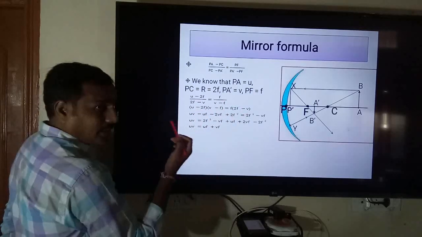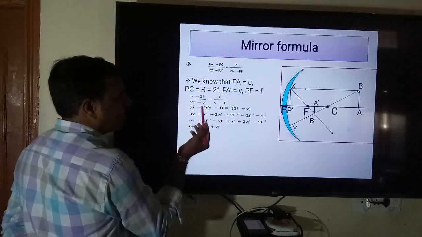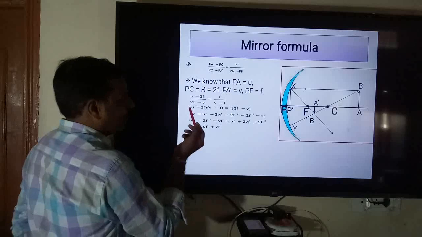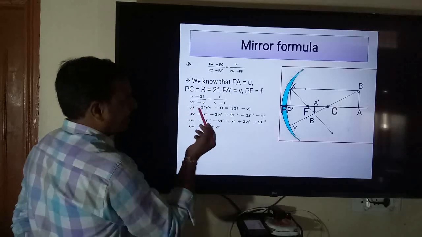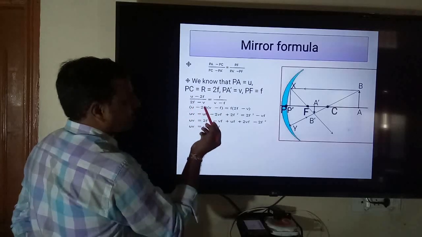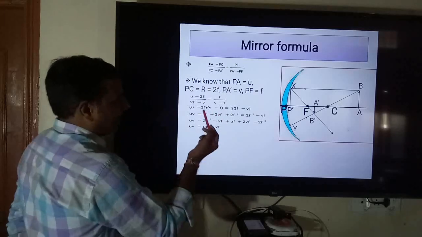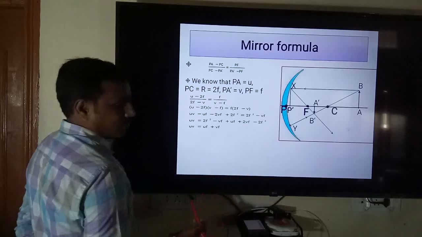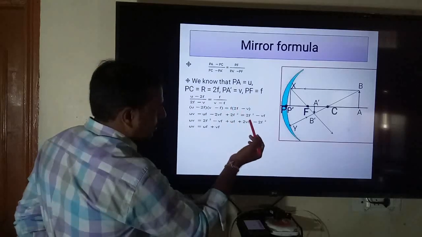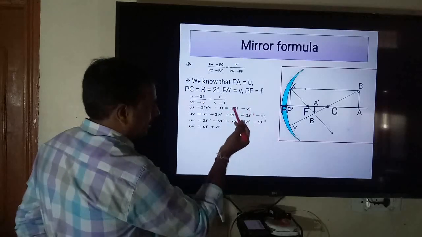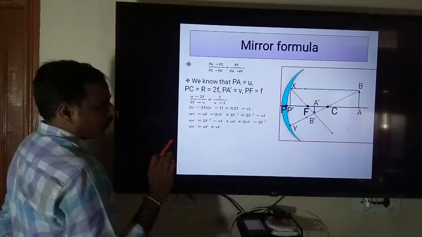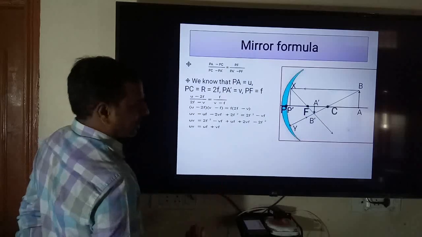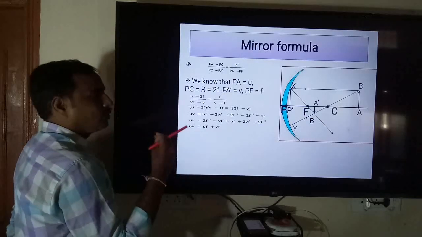Now I am multiplying each term. U into V, UV, and here minus, so minus U into F, UF, and minus into minus, 2F into V, 2VF, and minus into minus, 2F into F, 2F square, and that is equal to F into 2F, 2F square, and minus V into F, VF. Now I am taking some terms to the right side because some terms are going to be cancelled.